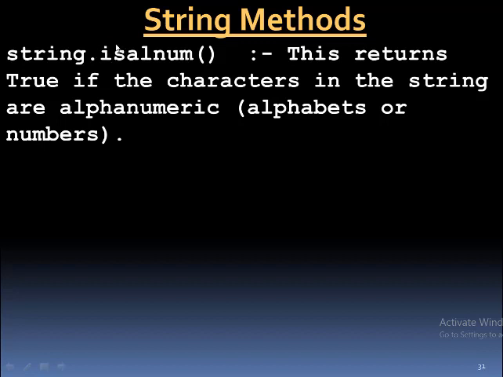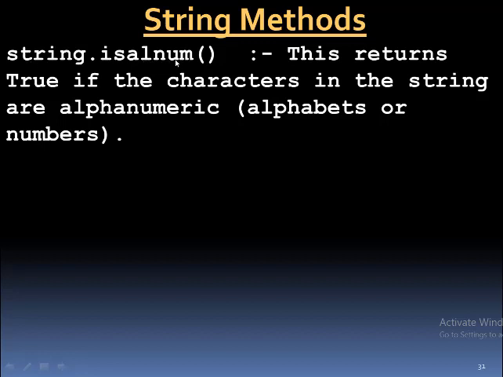Next method is isalnum. The methods that begin with is will check, and the answer will be either true or false. In isalnum, al is alphabet, num is number.